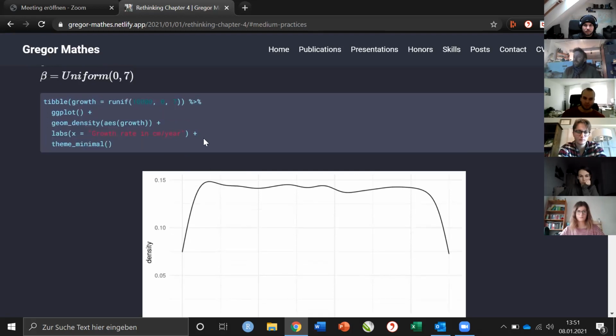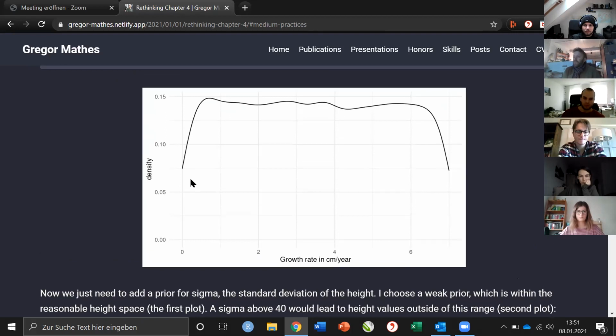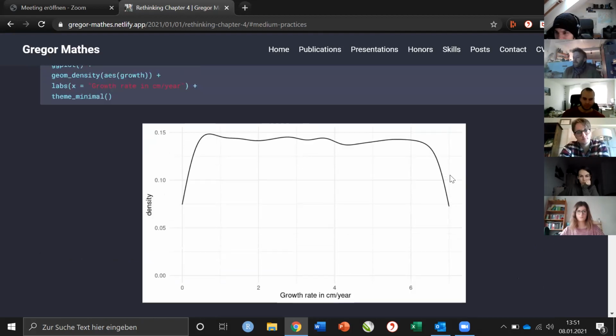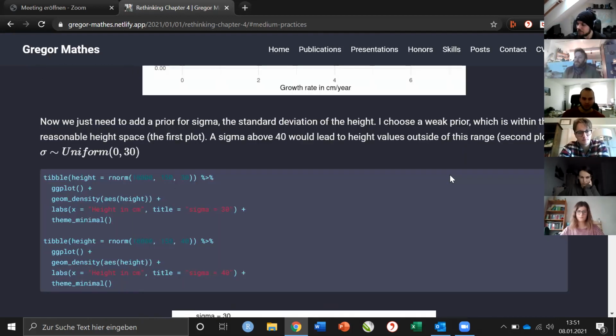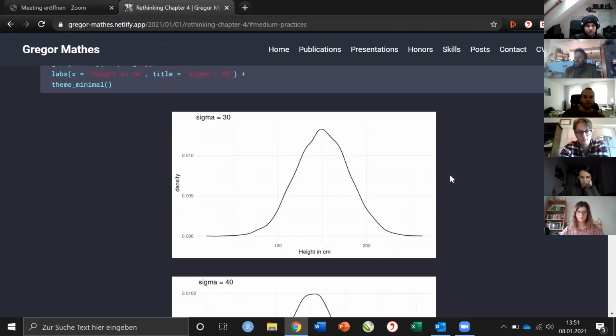Now distribution uniformly distributed between 0 and, and for sigma, this is just a rather flat prior ranging between 0 and having a standard deviation of 30, like shown here as well.